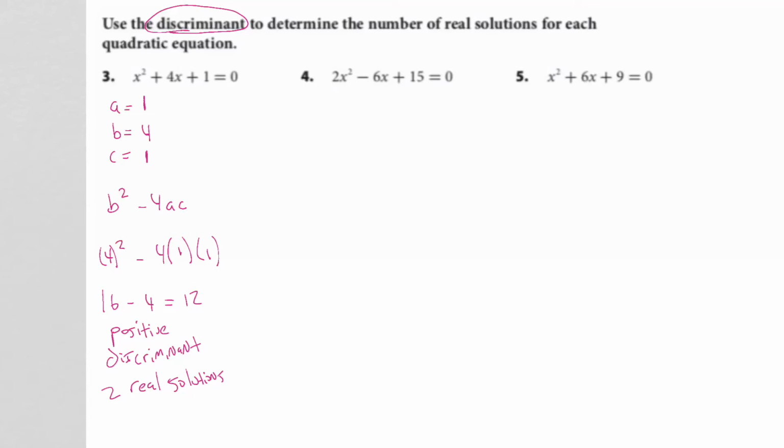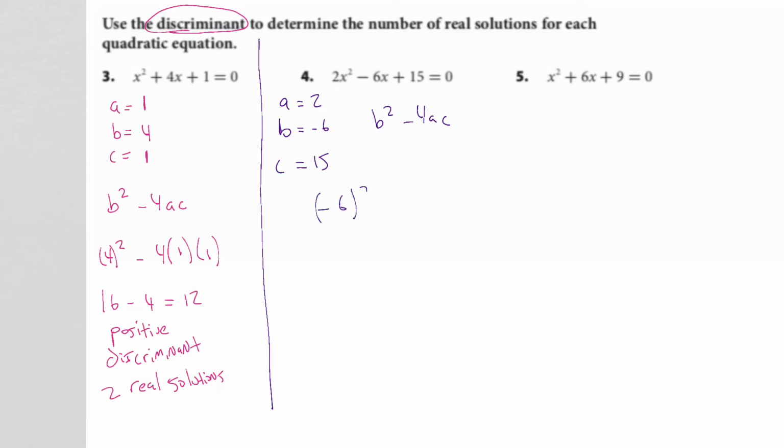And let's try another one. There's part number 3. Here, A is 2, B is negative 6, and C is 15. Let's plug it into our formula for b squared minus 4ac. Going to have negative 6 squared minus 4, A is 2, C is 15.